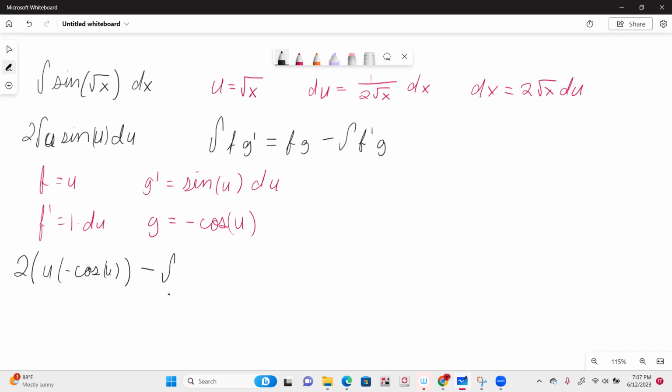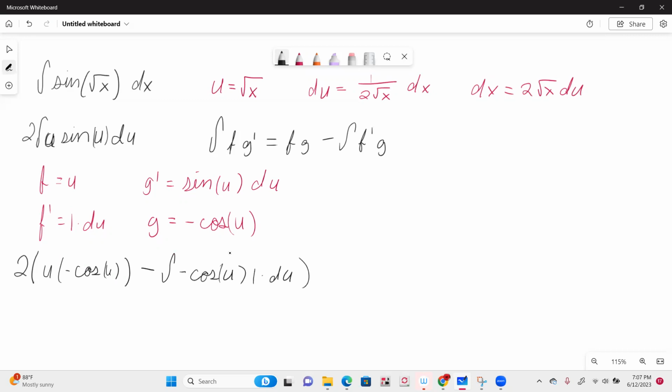Let's put g in front, since our derivative of f has our du. So it's going to be negative cosine u times 1 times du.